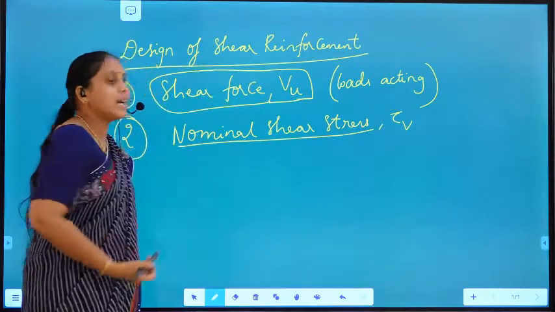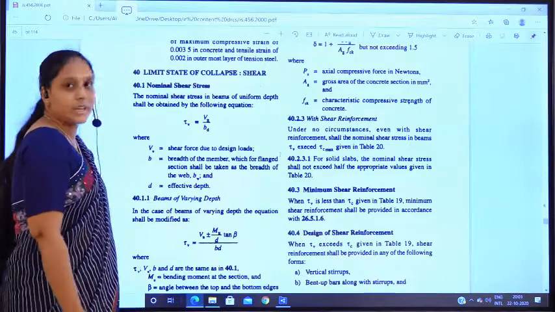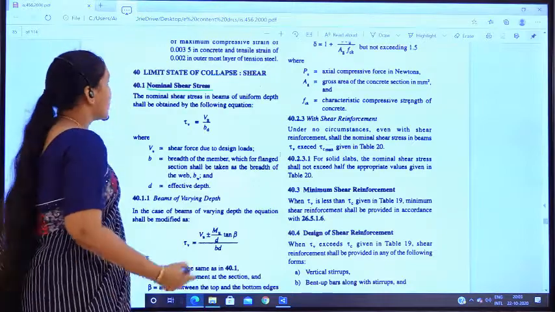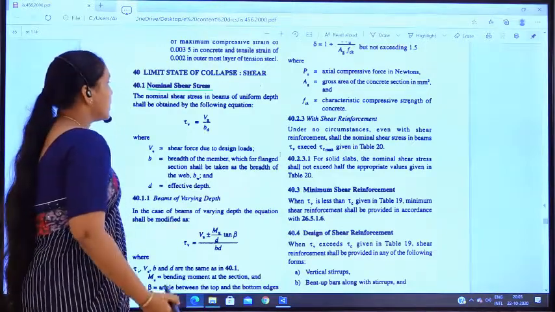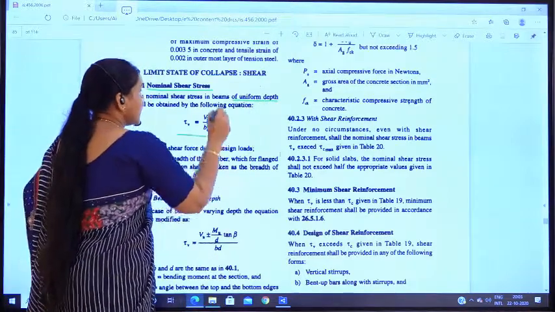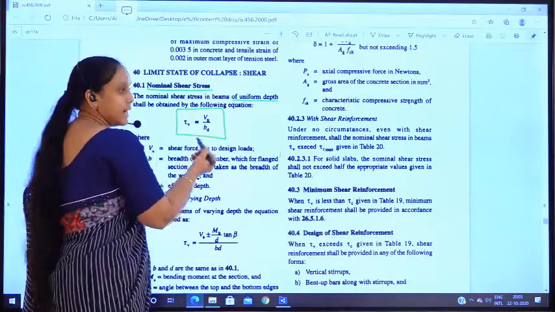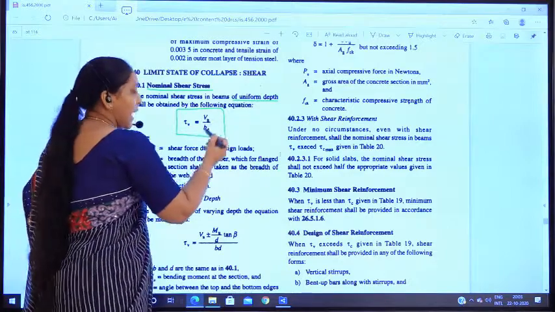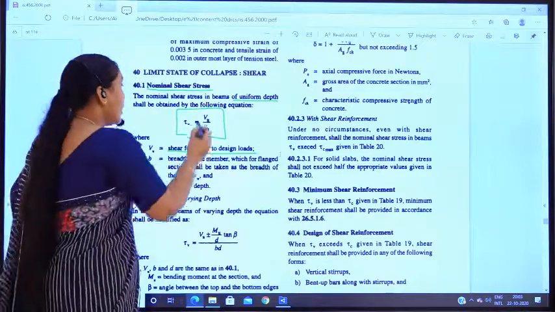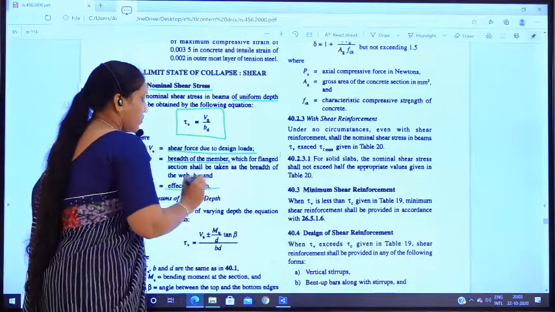The nominal shear stress in beams of uniform depth is calculated using the formula tau v = Vu / bd, where Vu is the shear force due to the design load, b is the breadth of the beam, and d is the effective depth of the beam.